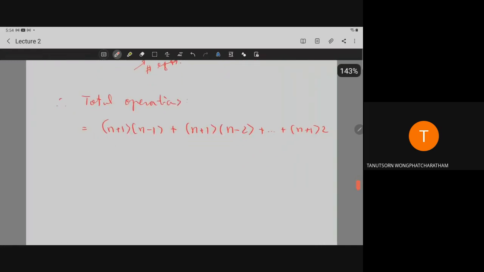Okay, so this is the total number of operations in terms of multiplication. The first term, we can write as n square minus 1.